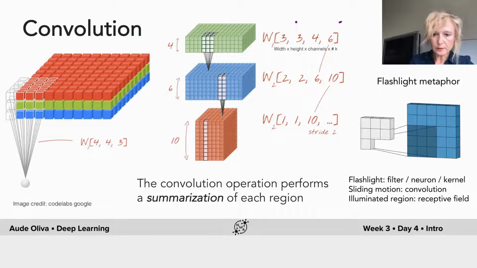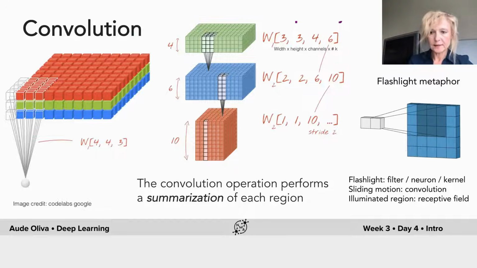In this example, the flashlight is known as a filter, or a neuron, or a kernel, which is an array of numbers, weights, and the region it is projecting light over is called a receptive field. The sliding motion of a flashlight over the whole image is called a convolution.